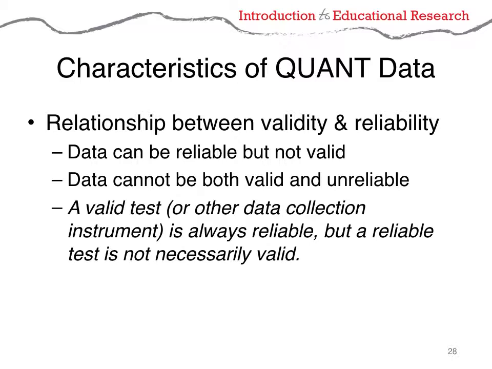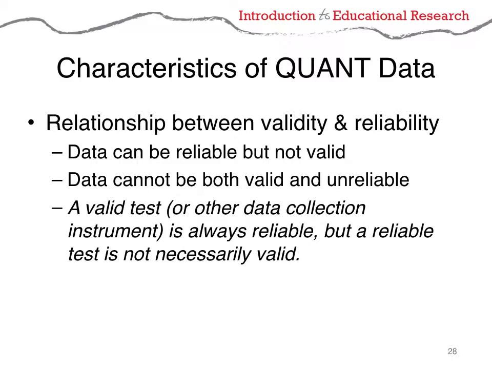So if it was 30 and 35 and then 30 again, we might go, okay, that's reliable enough. Now let's look at whether those items, or that measure, are really showing what we think it's showing. We can look at other aspects of validity, but it's kind of like reliability gets you in the door.